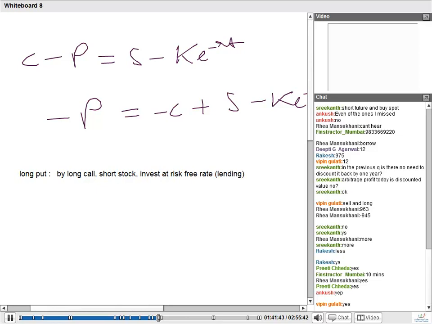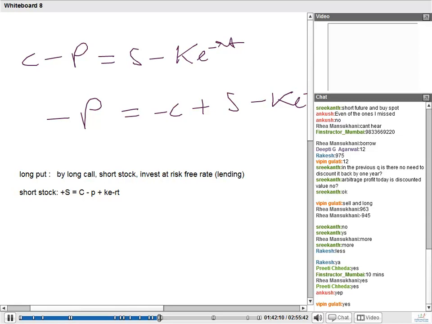Create a synthetic short stock position, please. Short stock will be represented as plus S. So plus S can be written as C minus P plus KE raised to power minus RT.